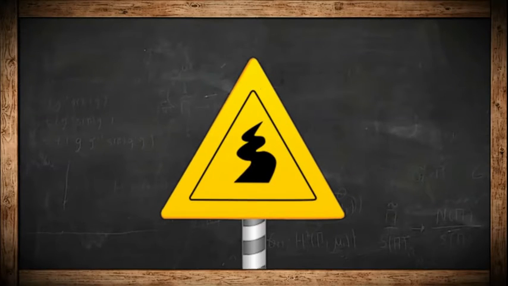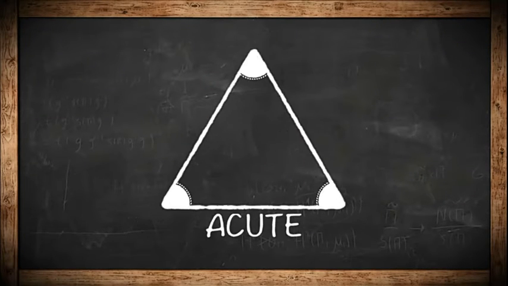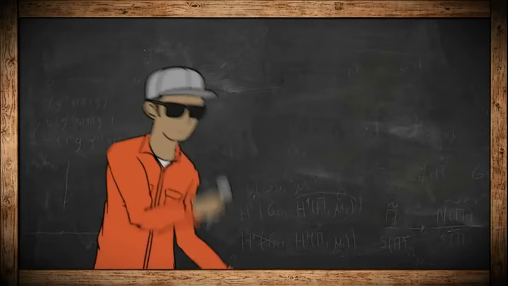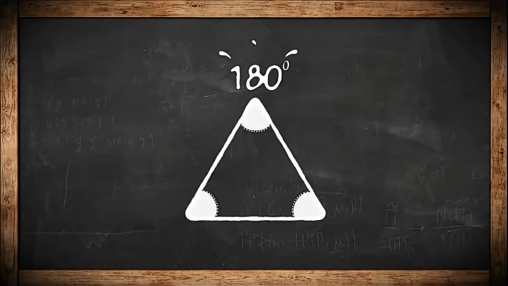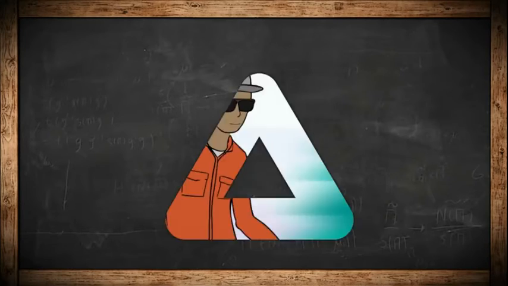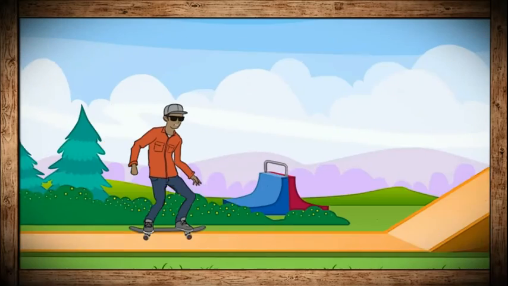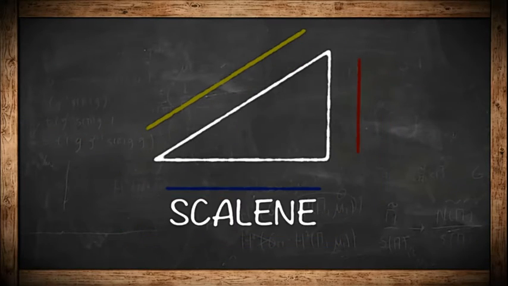And since every angle's less than 90 degrees, an acute triangle it will also be. Skateboard ramps are your scene, with 3 different sides, they're called scalene.